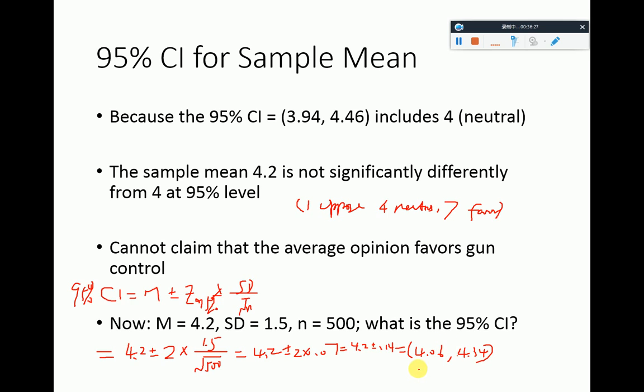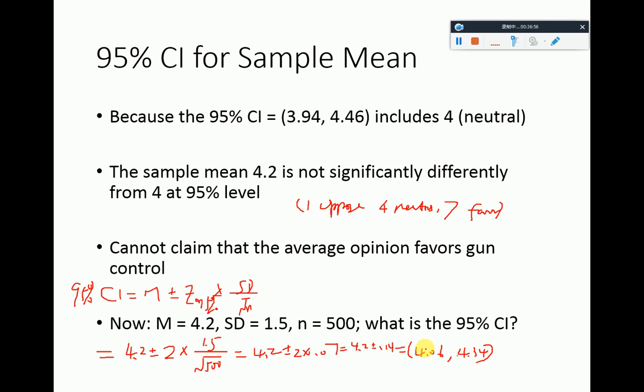Well, yes, you can. Because true, there will be fluctuations in the sample mean as we draw different samples from the population. But despite the fluctuation, the sample mean can be as low as 4.06, which is still greater than 4, which is the neutral point.